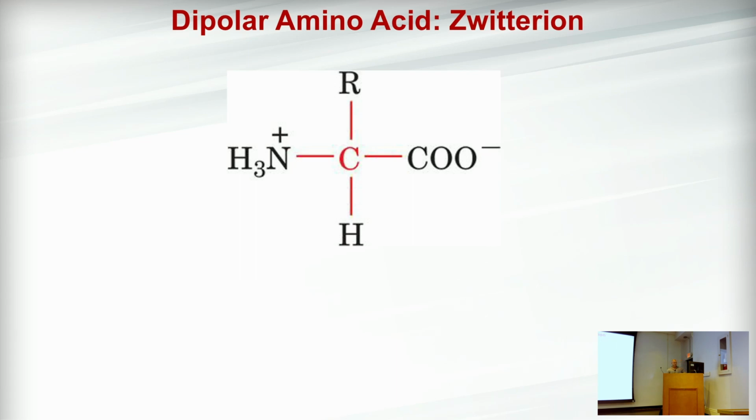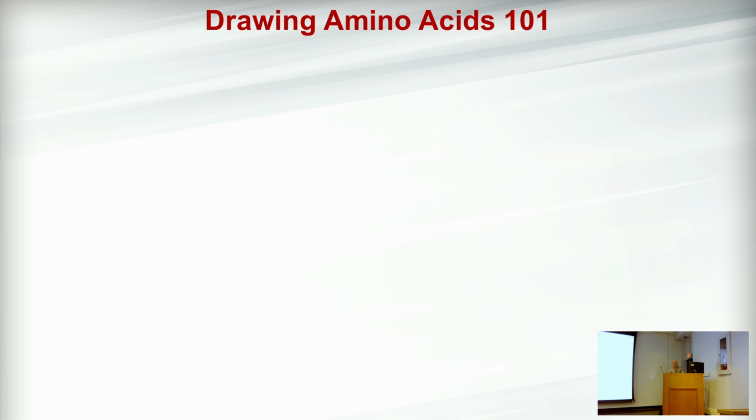All right, so, general structure. Now, if we were in an actual biochemistry class, you would have to learn how to draw all of these. Who's had biochemistry so far? Who knows how many amino acids there are? There are 20 amino acids. Who can draw all 20?